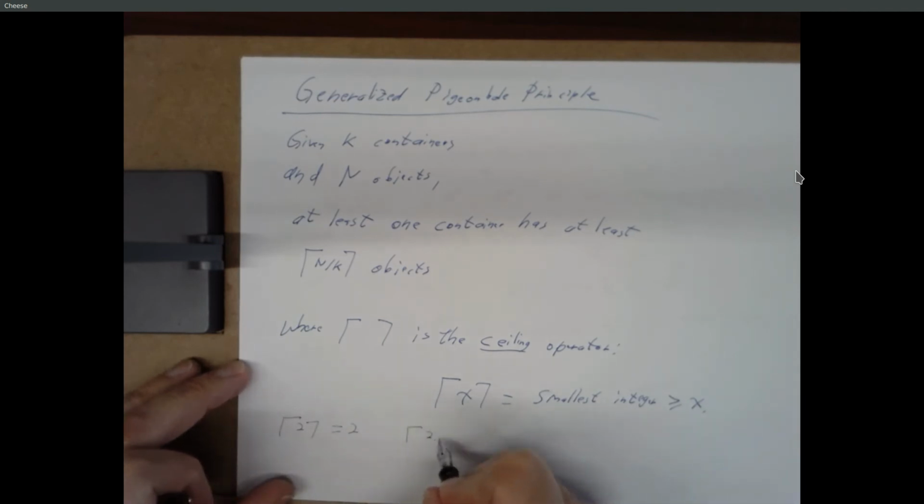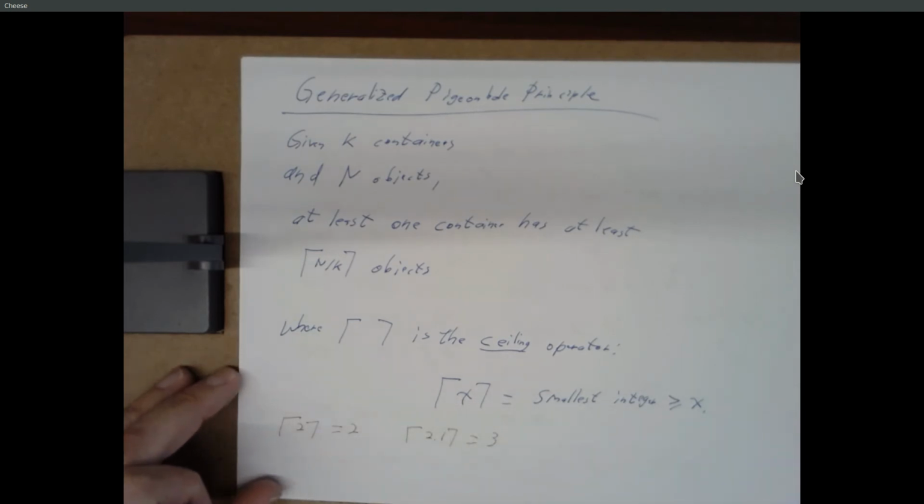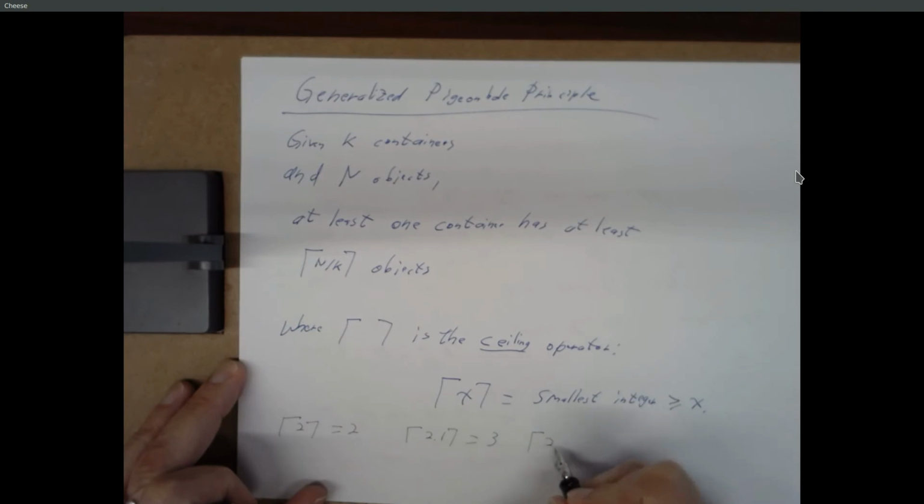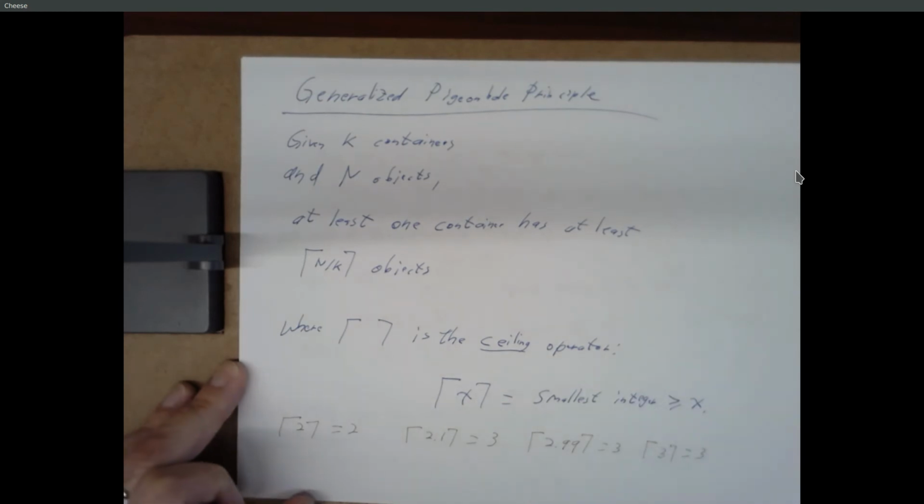Smallest integer bigger than or equal to 2.1 is 3. Smallest integer bigger than or equal to 2.99 is still 3. Smallest integer bigger than or equal to 3 is 3. But if you take the ceiling of something slightly bigger than 3, it jumps up to 4.